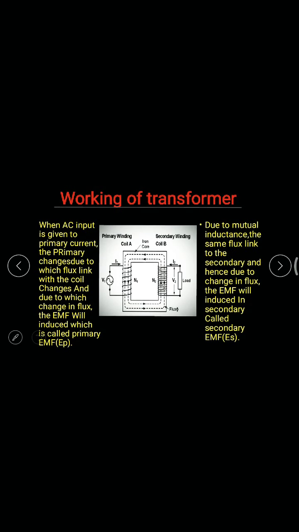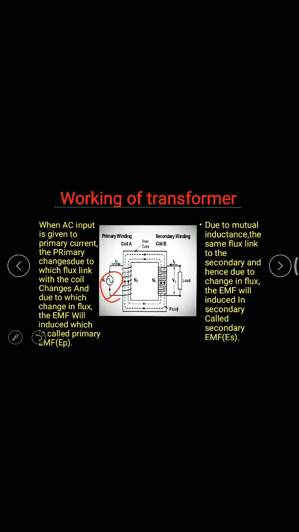Now finally, let's come to the working of transformer. When we are giving AC input to the primary coil, the primary current changes. We know the AC changes, and as the alternating current is changing, the magnetic field will also change.